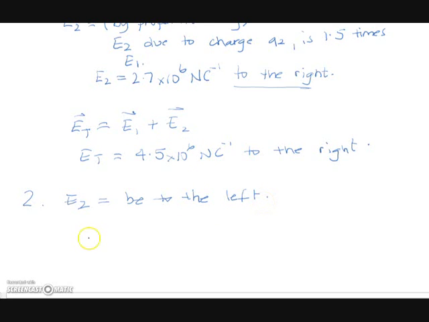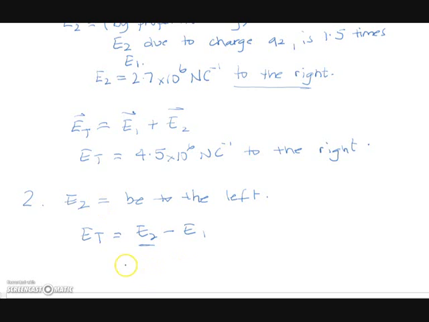Now they're in opposite directions. So if we were working out E total, we would now have to go E2 minus E1. The reason we do E2 minus E1 and not E1 minus E2 is because E2 is the larger, and we're trying to find the difference. E2 is larger because it was a magnitude of 3 microcoulombs and E1 was only 2 microcoulombs.